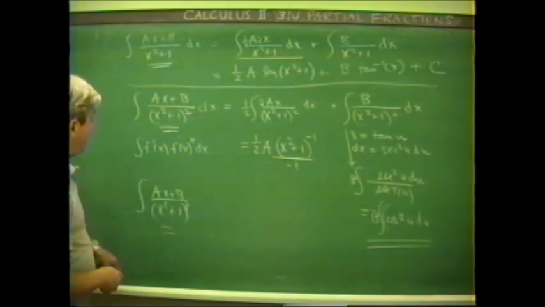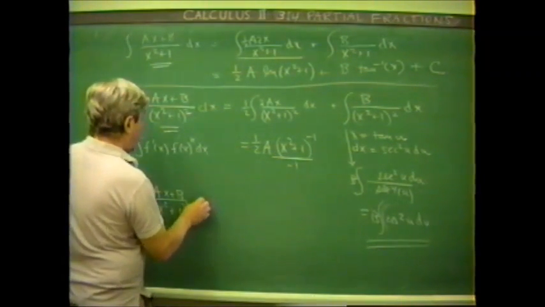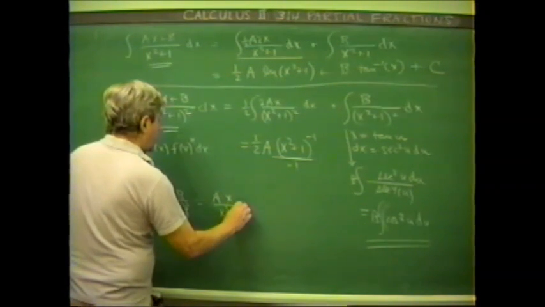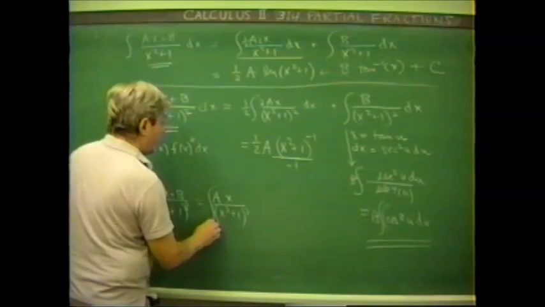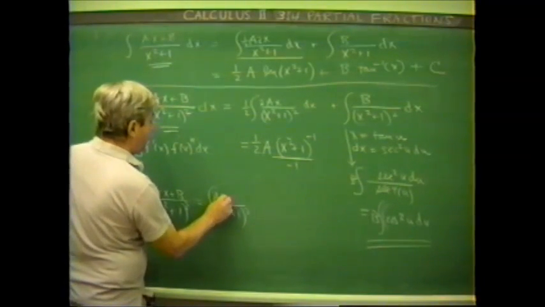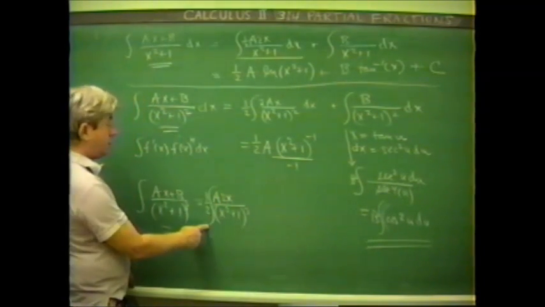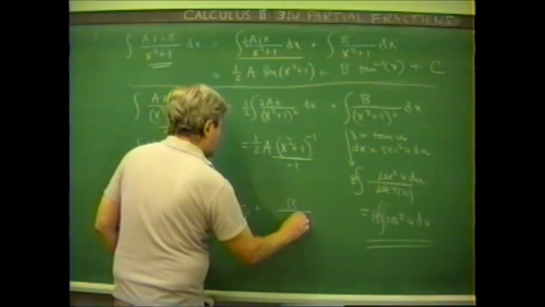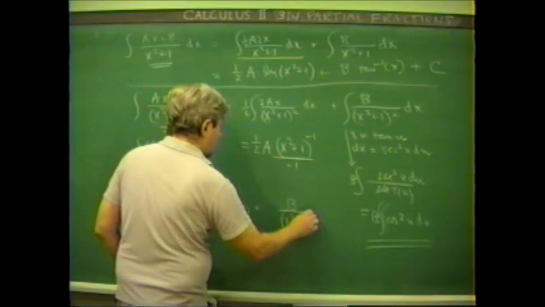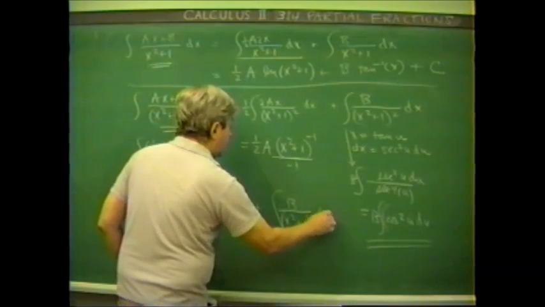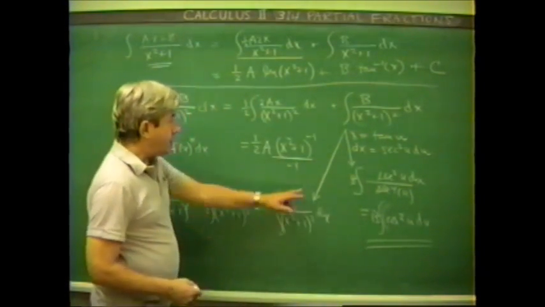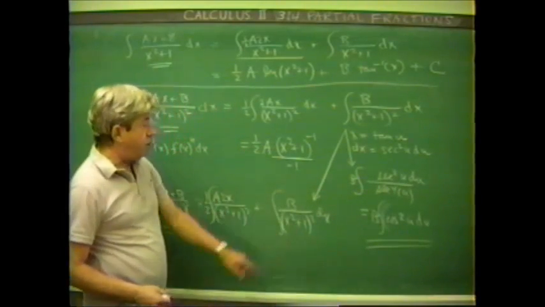We've got the cubed power here to do the same type of thing. You write this as ax over x squared plus 1 cubed, or any higher power, and then this looks like f prime of x, f of x to a power, plus, now you have b over x squared plus 1 cubed, antiderivative of this with respect to x. You make the same substitution here. So you let x equal tangent u, dx equals secant squared u du.